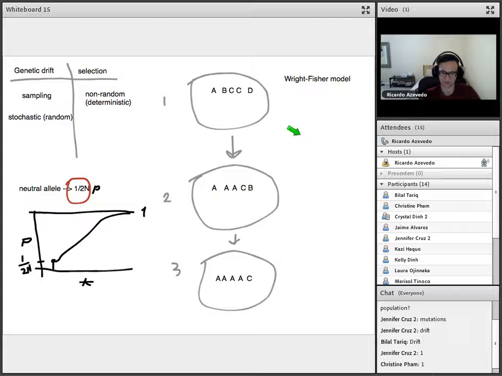It turns out that in natural populations, heterozygosity in the next generation, H prime, equals H times 1 minus 1 over 2n. The 2n is for diploid organisms, so that's why it's 2n as opposed to n.